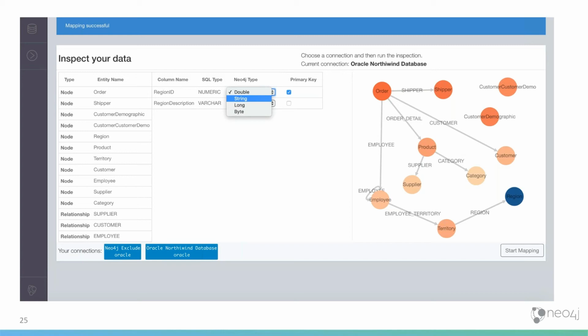Then you identify what data types you might want in the graph itself, and then you can see on the right hand side what that starts to look like when that gets imported into the graph itself. It's pretty cool.